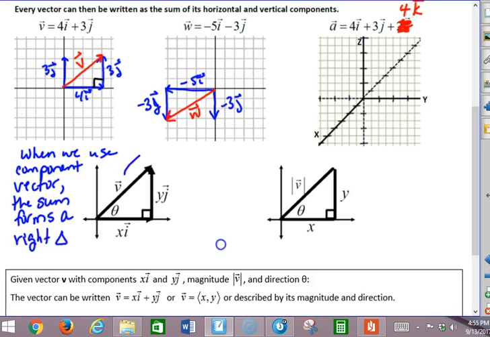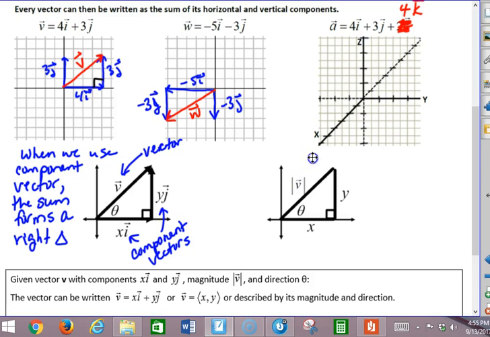Okay, so here we have our three vectors. Here's the vector, and these two are the component vectors. In other words, we're splitting this vector that's kind of going in a diagonal direction into its two vectors in the x and y direction that add up to that vector.